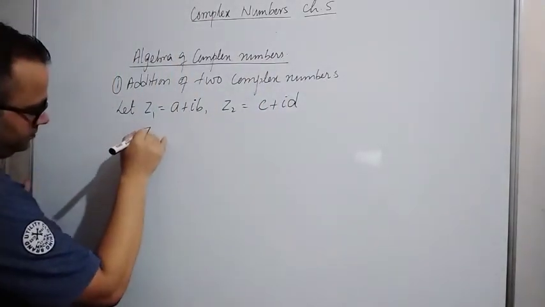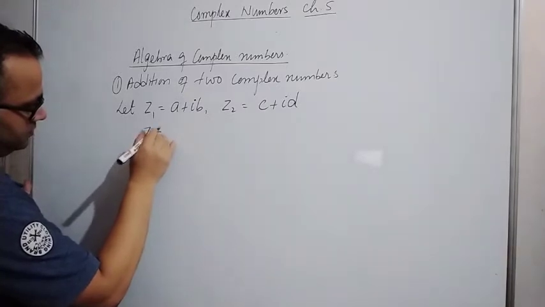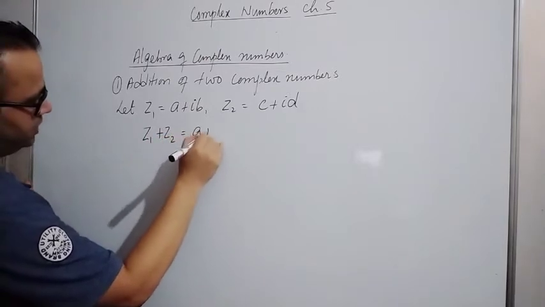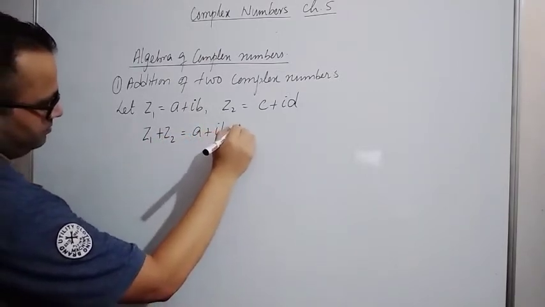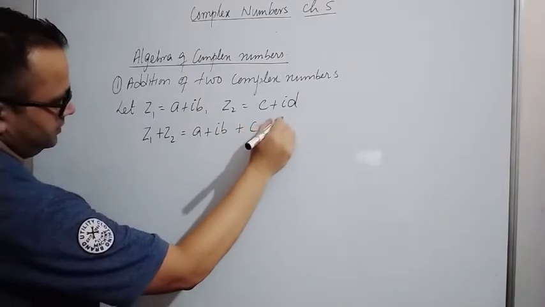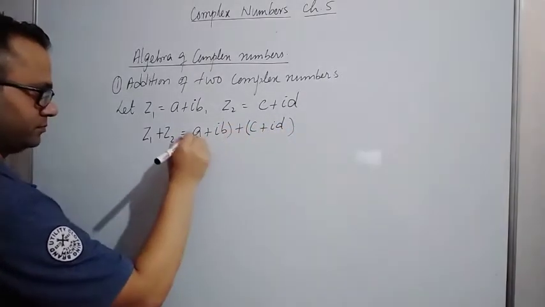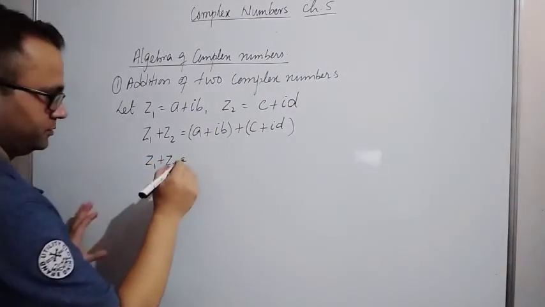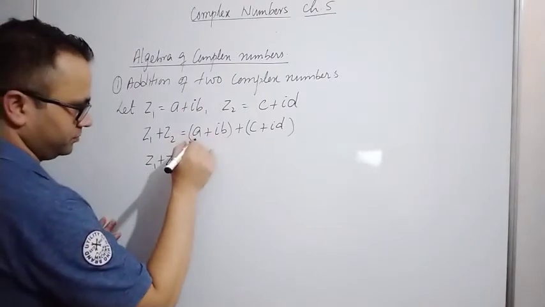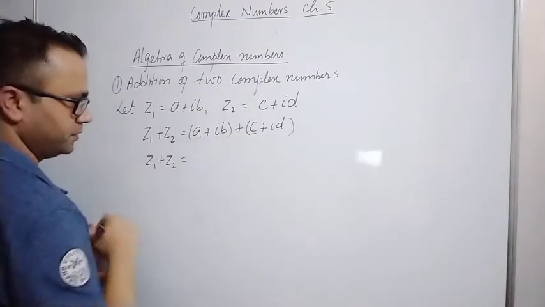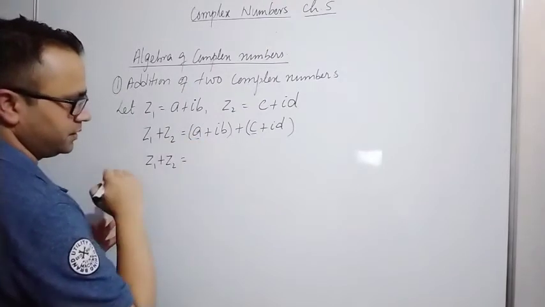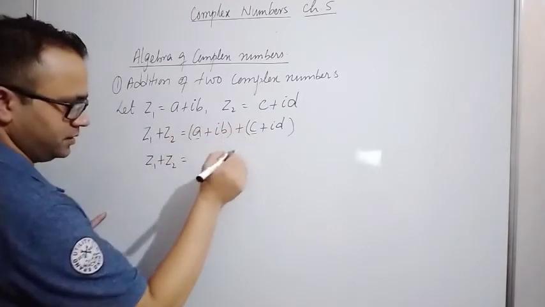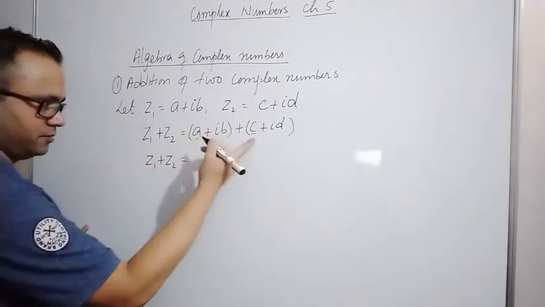Now first we will calculate z1 plus z2. This equals a plus ib plus c plus id. z1 plus z2 equals, now we have to make a group by taking the like parts. So a and c are like parts because these two are real parts.